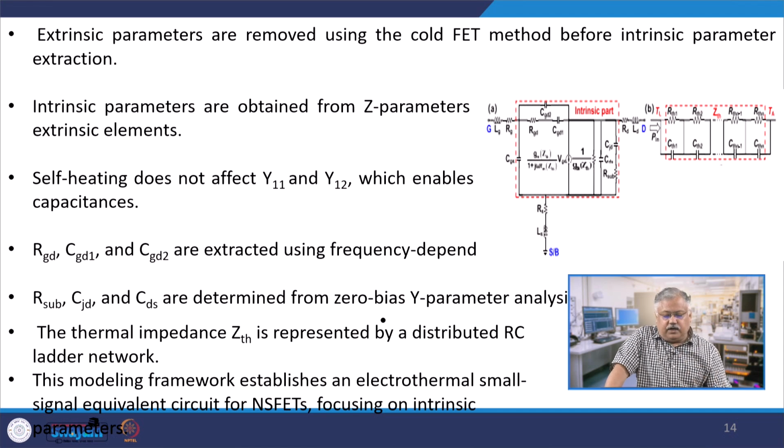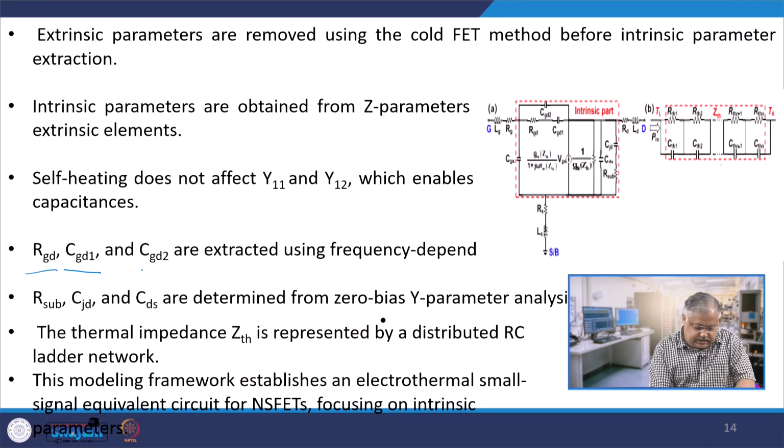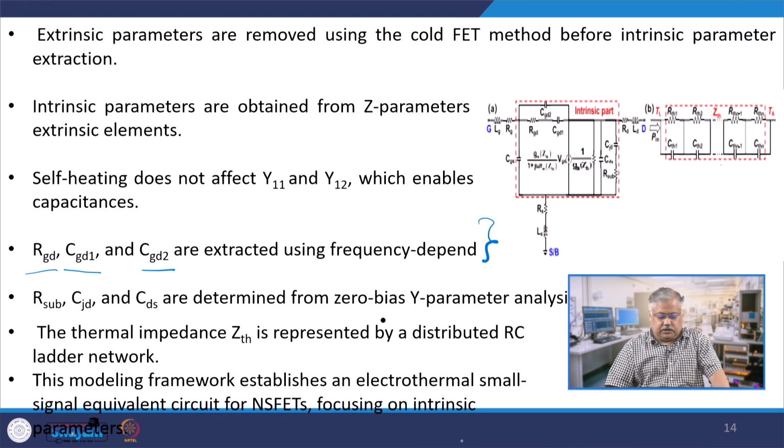So, in the cold FET method, what we do is that extrinsic parameters are all removed and you just look at the intrinsic parameters, and since self-heating does not influence Y11 and Y12, you can extract the capacitance from there directly. Whereas the parameters RGD, CGD1 and CGD2 can be extracted using a frequency dependent formulation, right?